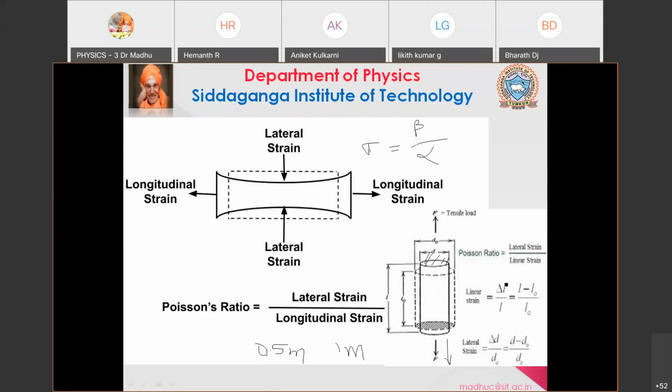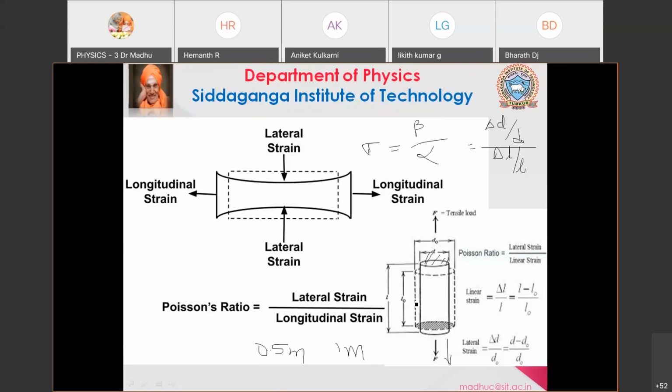So beta by alpha will be equal to delta D by D naught, where D naught is the original diameter, divided by delta L, the change in length, divided by original length.